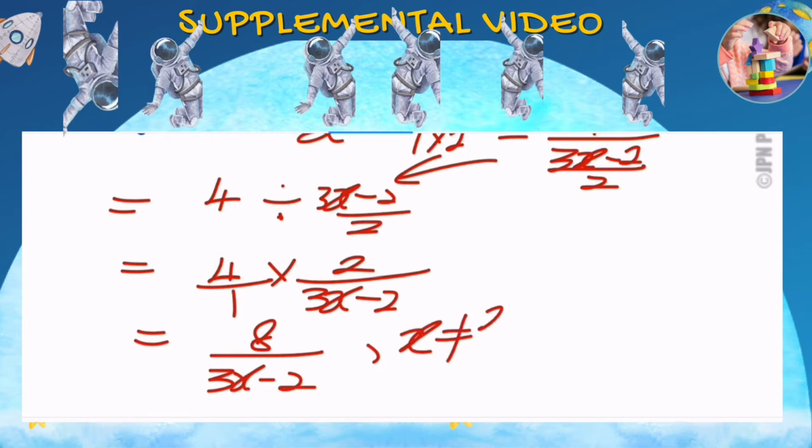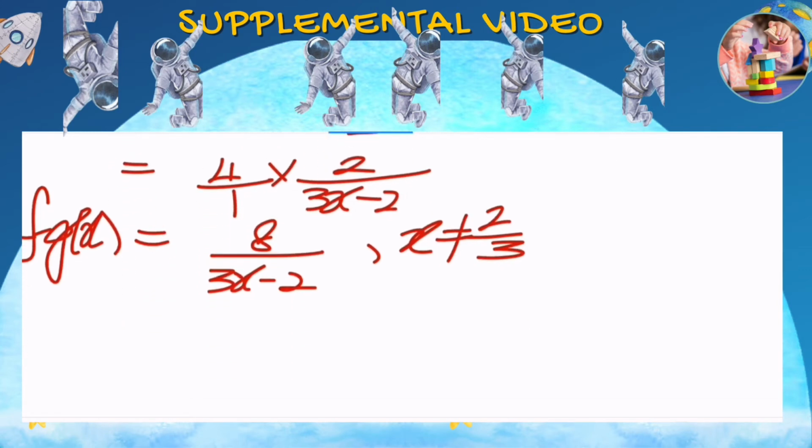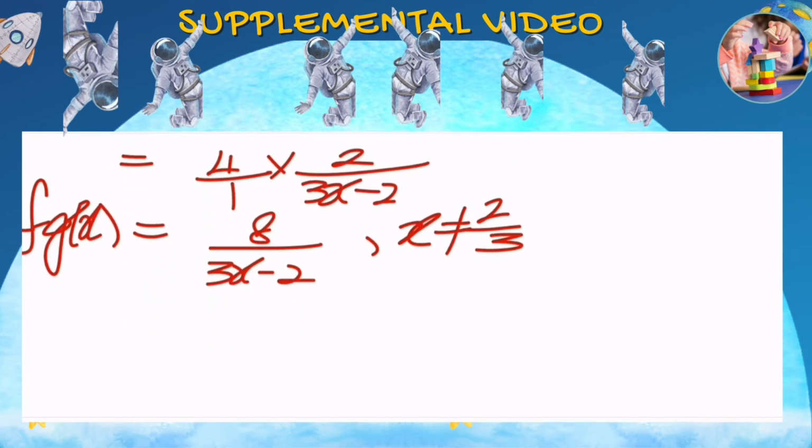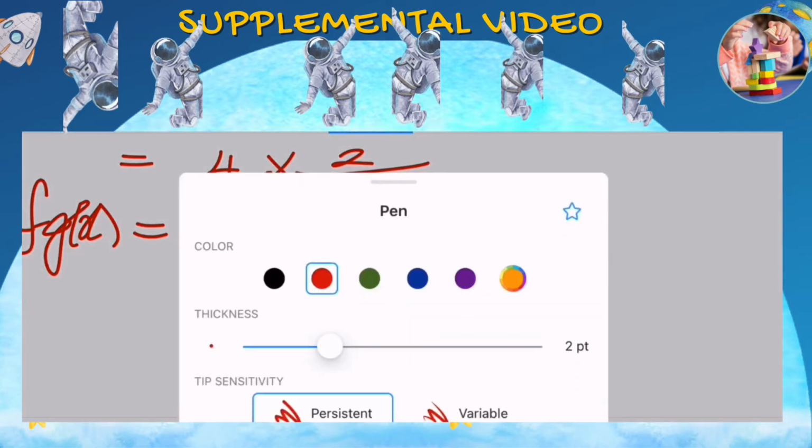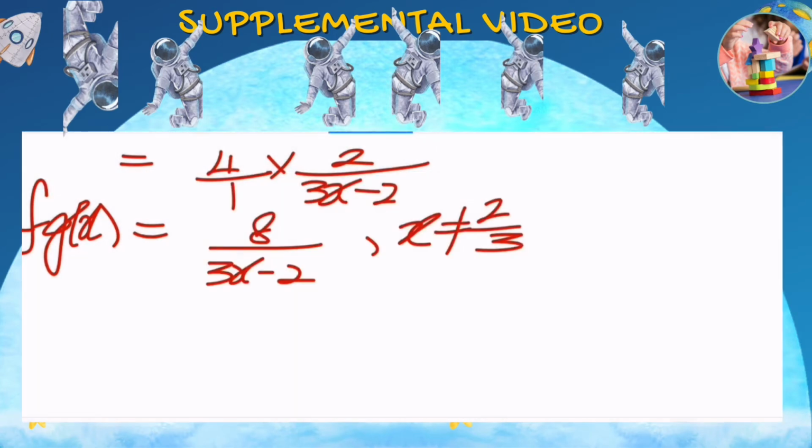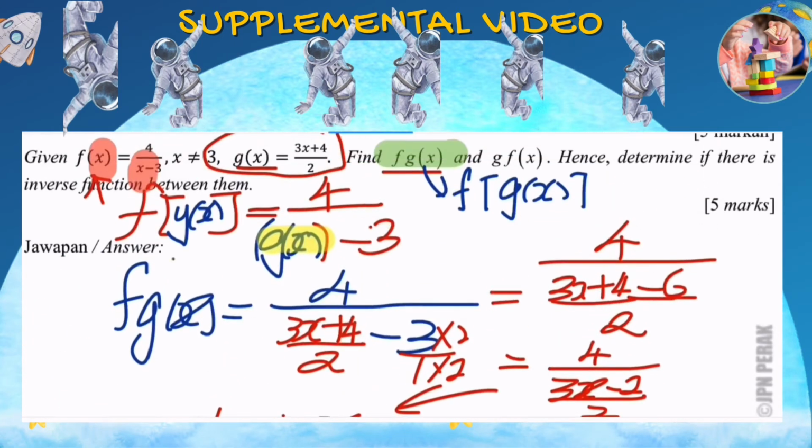And the condition is x cannot be equal to 2/3. Why? Because if you let the denominator equal to 0, your x is 2 over 3, right? The function will be undefined when the denominator equals 0. So we must write the condition so that the function is valid.